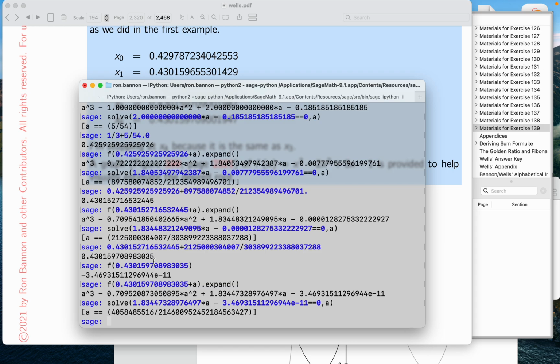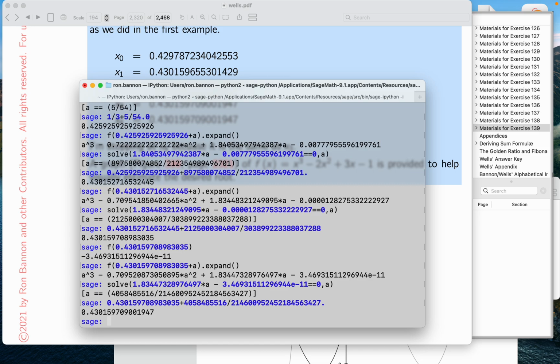Let's take the old root, which is this thing over here, and now do f of the old. I'm sorry, I have to do the arithmetic first. The old root plus this guy over here. Put a decimal there, make it do it. Now I'm going to do f of that number.